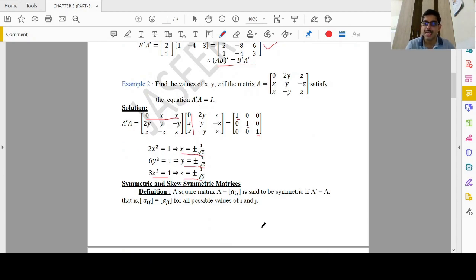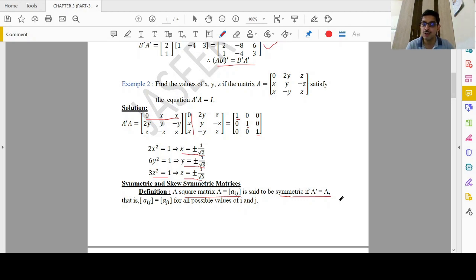Next is, using transpose of a matrix, we are defining two types of matrices, that are symmetric and skew symmetric matrices. A square matrix A equal to [aij] is said to be symmetric if A transpose equal to A. So a square matrix is said to be symmetric if its transpose is same as itself, that is A dash equal to A. So if you interchange the rows and columns of A, there is no change in the matrix.